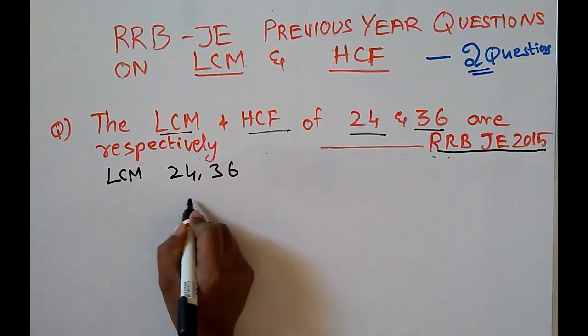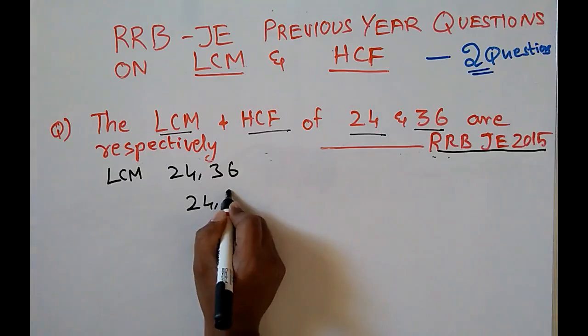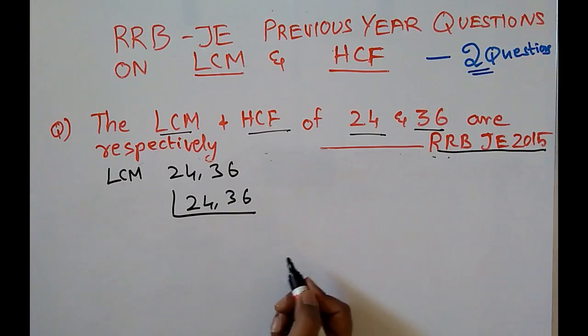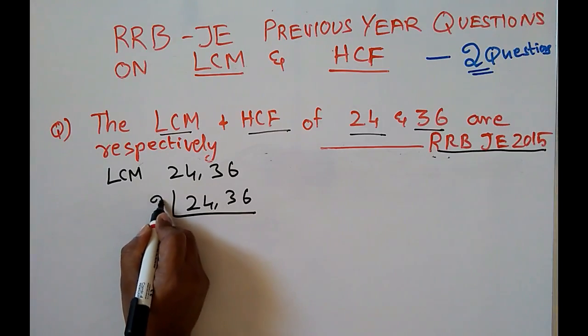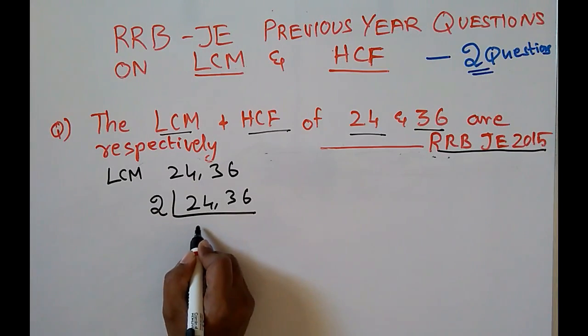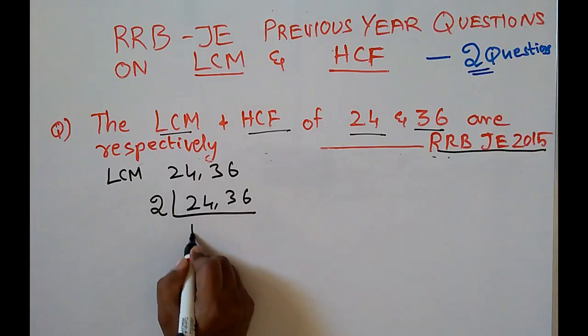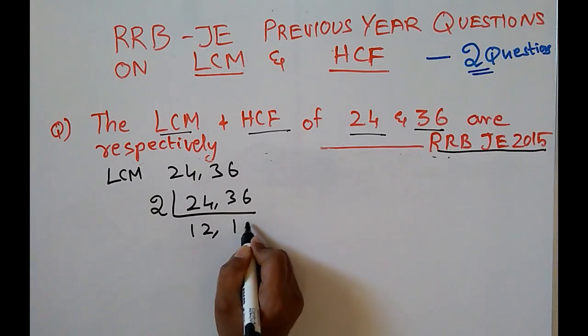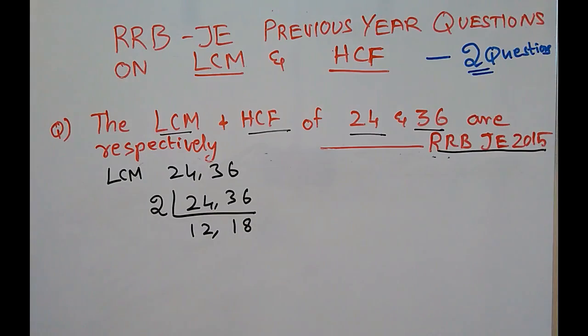All you have to do is write 24 comma 36 and divide with prime numbers. First let us see if it is possible with 2. 2 12s are 24, 2 18s are 36.